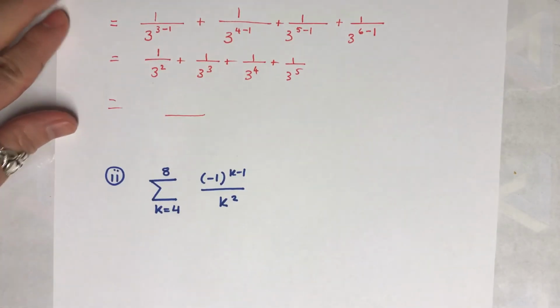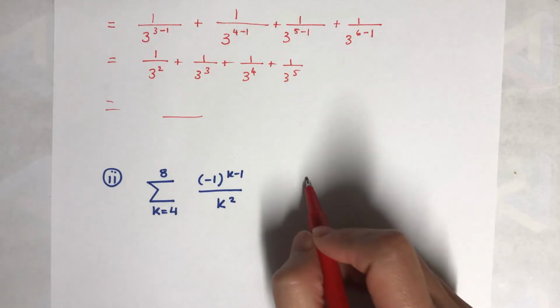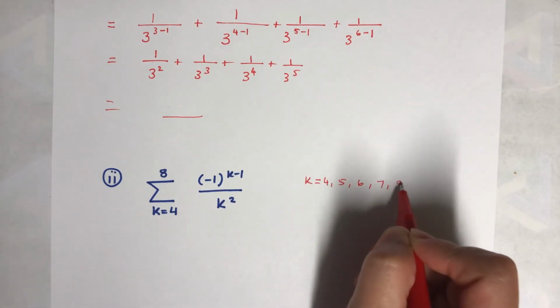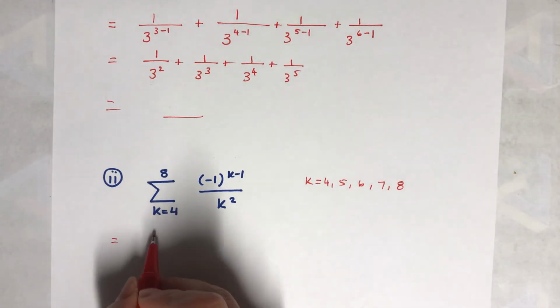The second one. Okay, so k is 4, that's my first one. And then it goes up to 8. So 4, 5, 6, 7, 8. So what's it? 5 terms right there. So let's have a look.